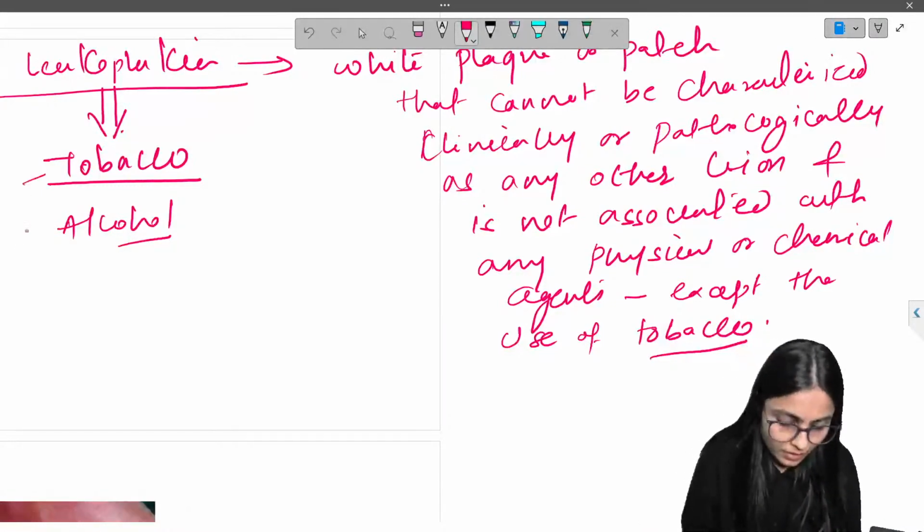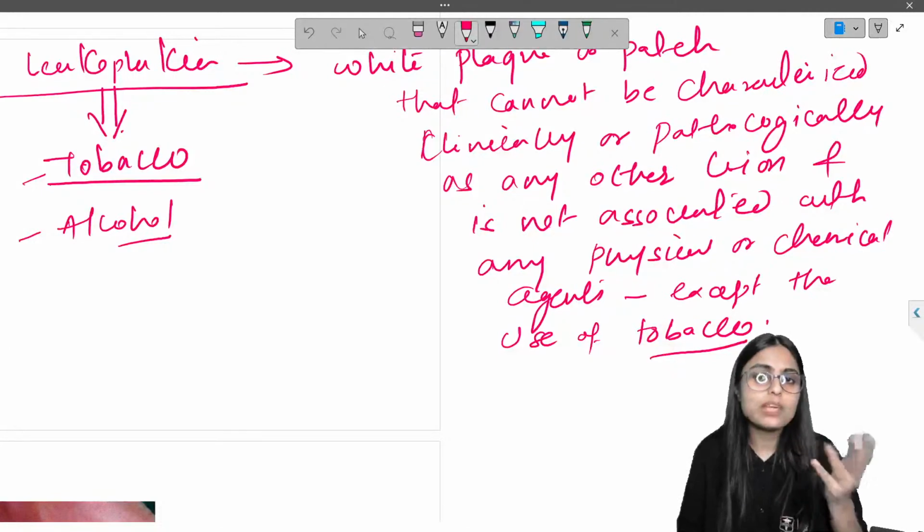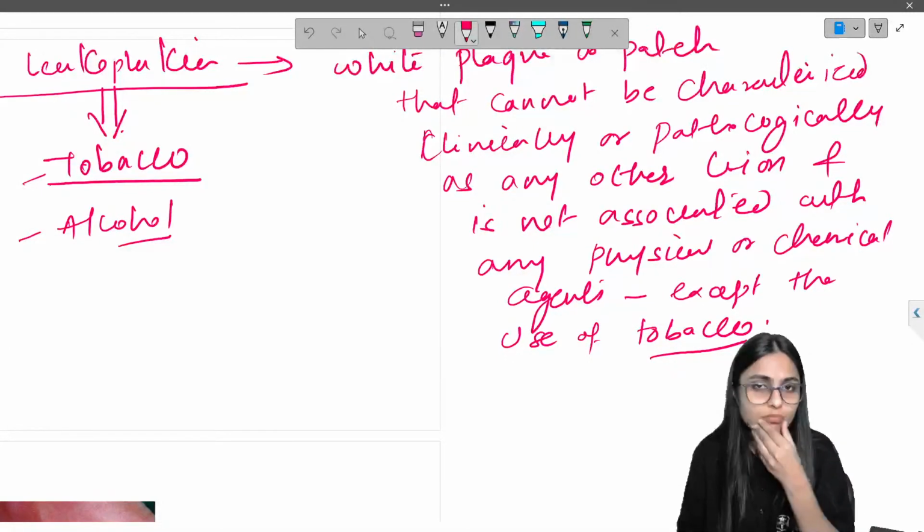All right. So how will alcohol help tobacco?